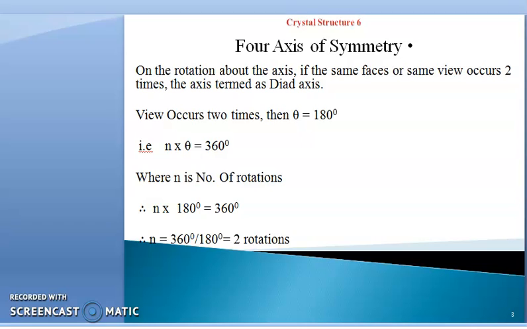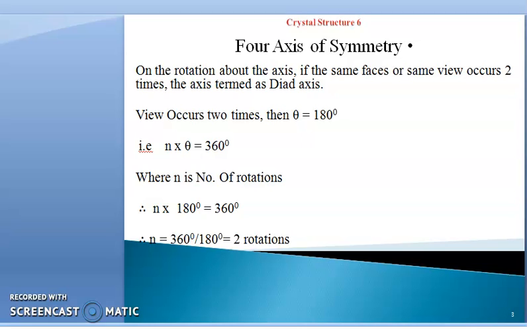On rotation about the axis, if the same face or same view occurs twice, how many times? 2 times. Then such an axis is called a dyad axis. What?